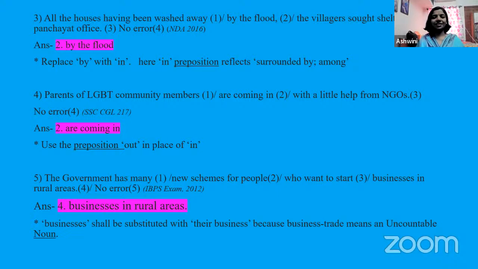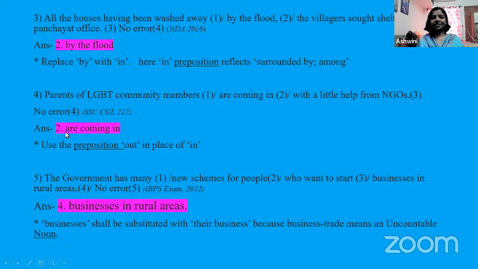Now the next example is coming in front of you: The parents of LGBT community members are coming in with a little help from NGOs. The 4 sections of the sentence are given for you, and again the preposition is the issue.